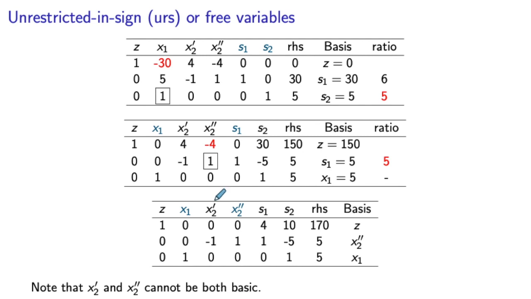So what this means is that x2' and x2'' can never both be basic variables. If one of them is basic, like x2'' in this tableau here, we can see that it is a basic variable, right? But once you have 1 in this entry here, you will have -1 in the same entry for x2'.